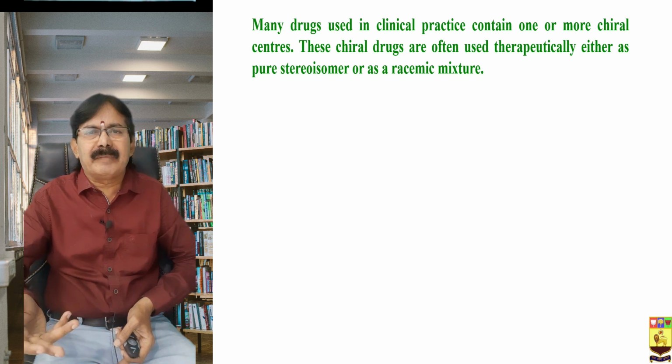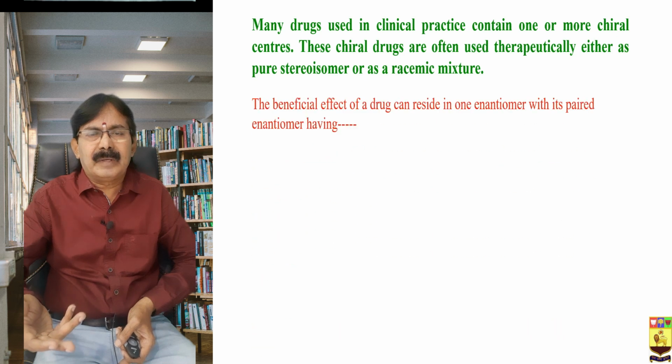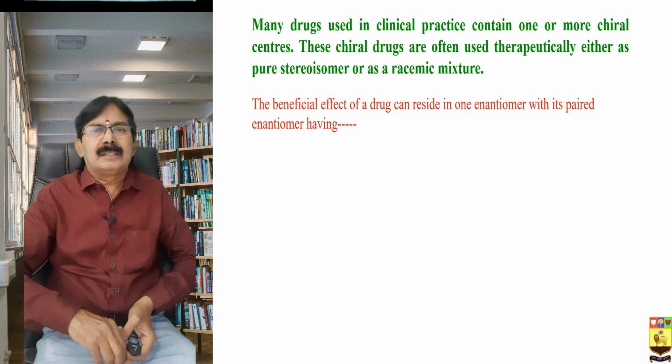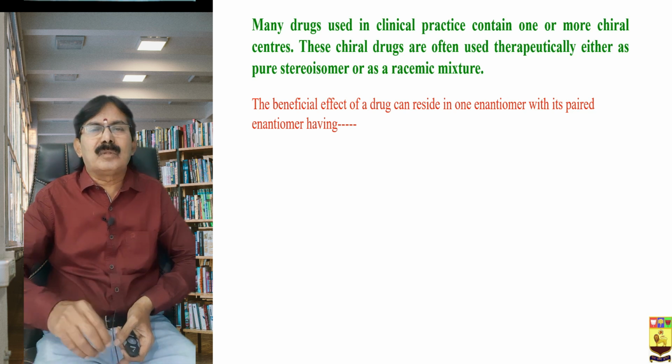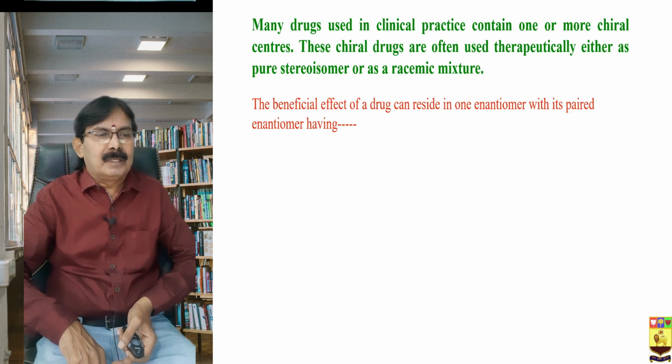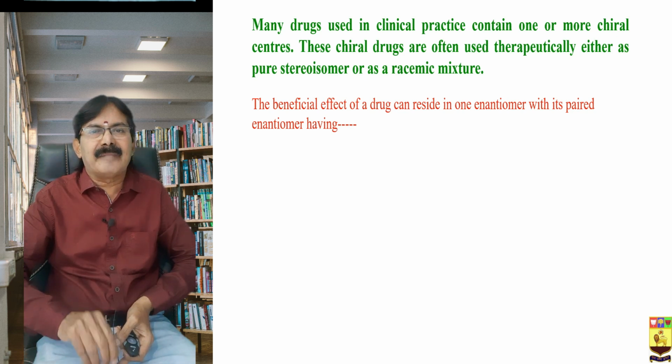If there is no side effect, you can use the racemic mixture as it is, because a racemic mixture is the cheapest one compared to the pure enantiomer.